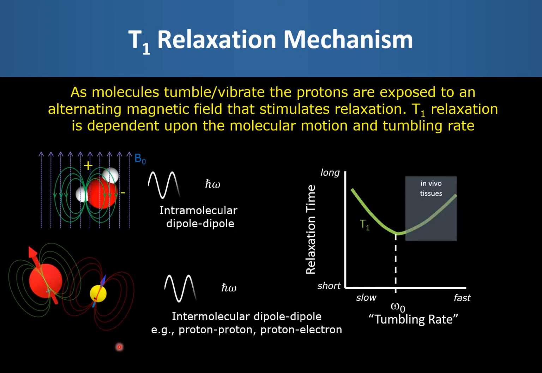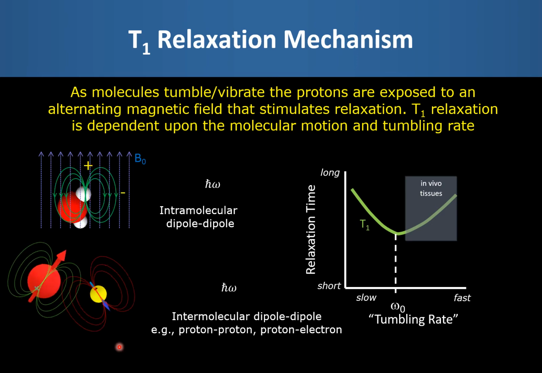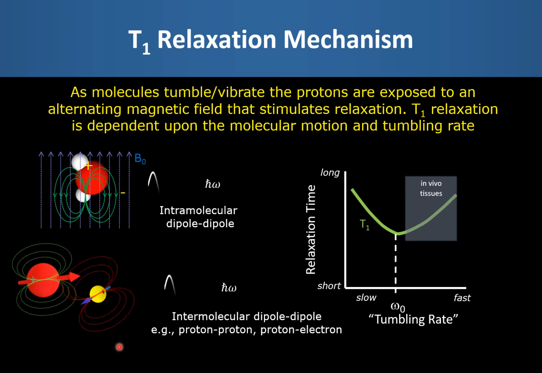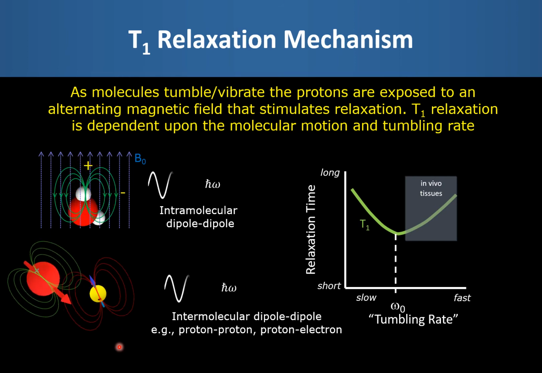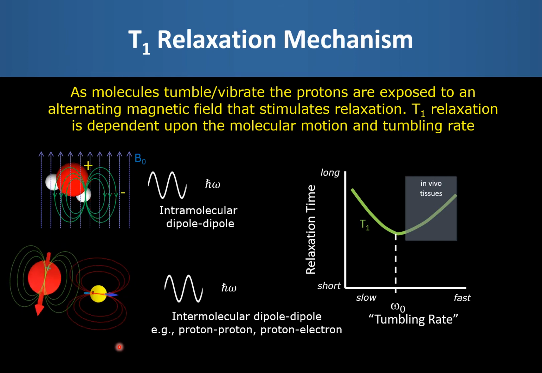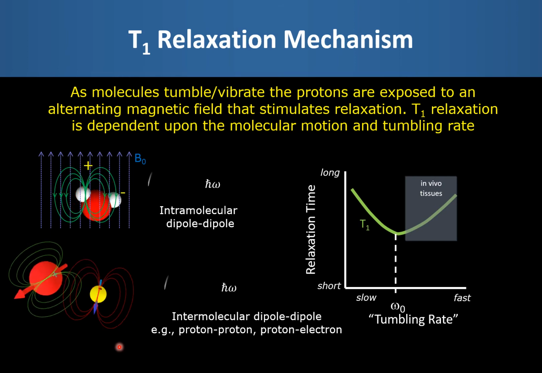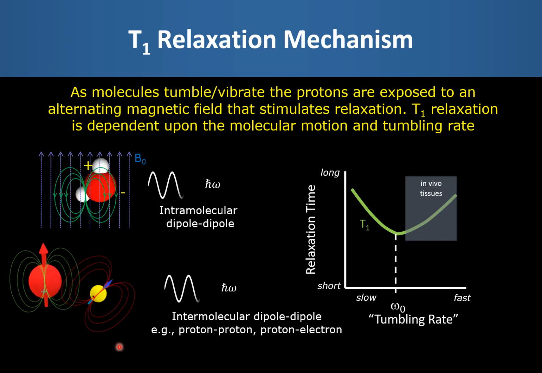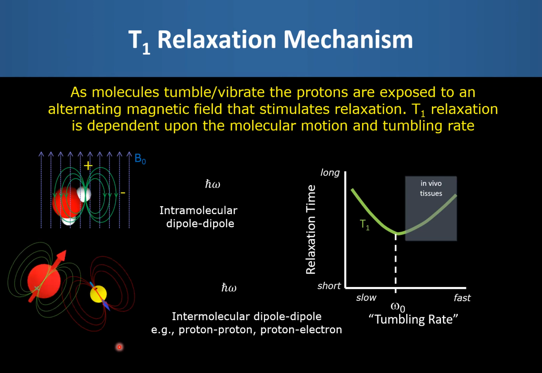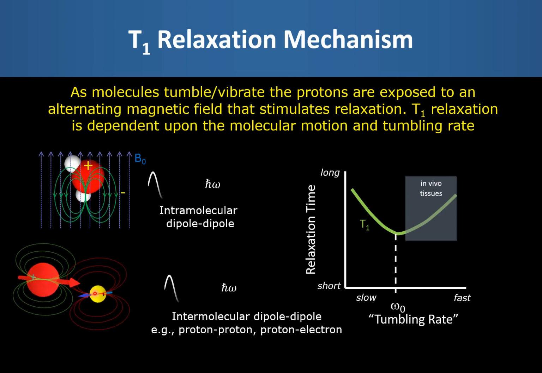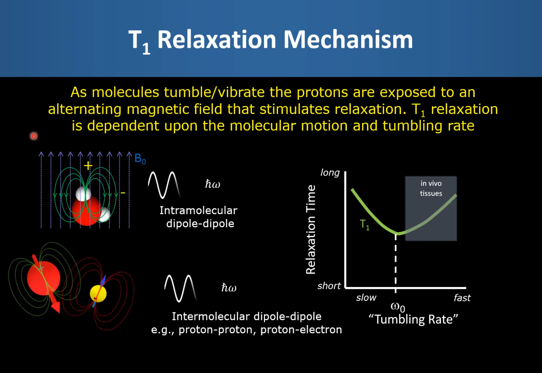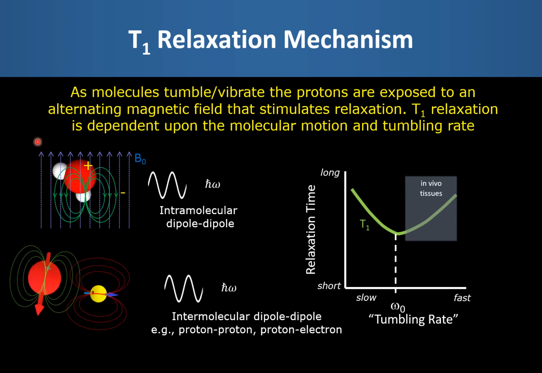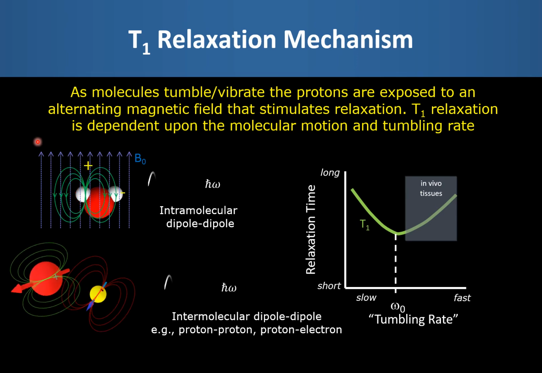So we've already discussed how T2 relaxation occurs. And remember that T2 relaxation conserves energy, so there's no energy loss associated with T2 relaxation. Whereas with T1 relaxation, there is energy transfer. And T1 relaxation arises because we need to generate an alternating magnetic field at the Larmor frequency.